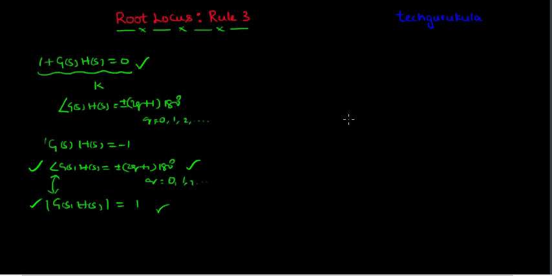For this, let me take an example of a pole-zero configuration shown in this s-plane. Let me pick different colors. Now, we have one pole here, another pole here, a zero here, and another pole here.